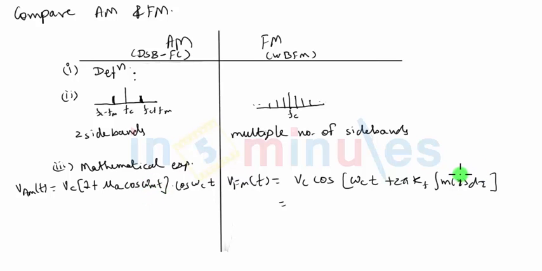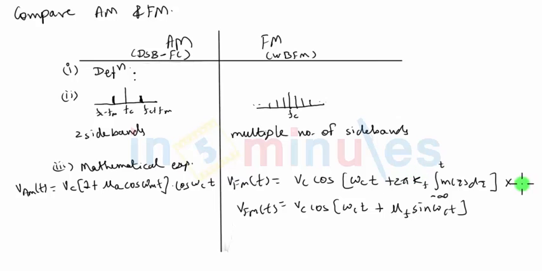So if I put cos here, this is from minus infinity to t, the integration of cos will become sine. So if you remember, the expression for a sinusoidal modulating signal turns out to be Vc cos (omega c t plus mu f sine omega m t). So that's the expression. You may not even mention this expression. This is a generalized expression.